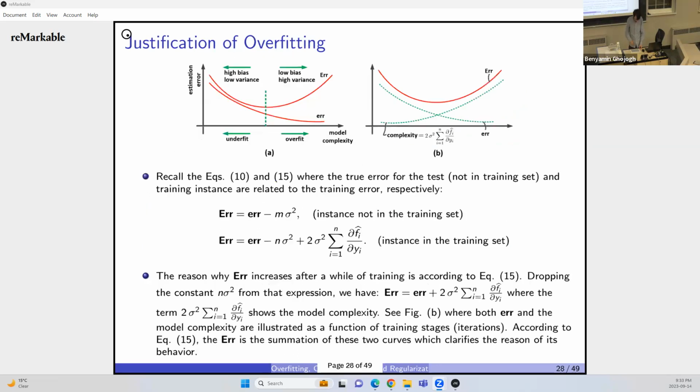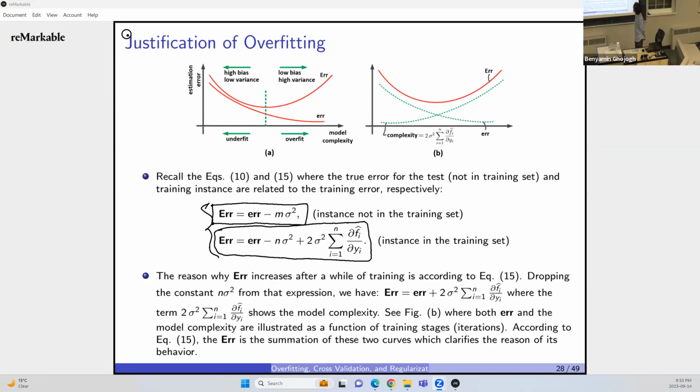Do you remember the formulas that we derived? I told you, bear with me. We'll see the beauty. Okay, these were the error. When the instance is not in the training set, such as validation or test, this is the case. When the data instance is in the training set, this is the case, right?